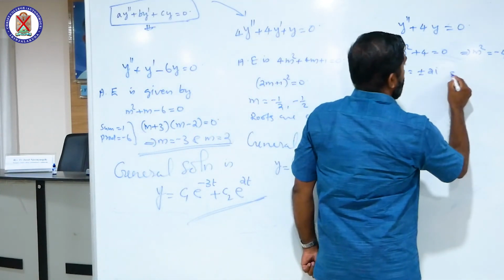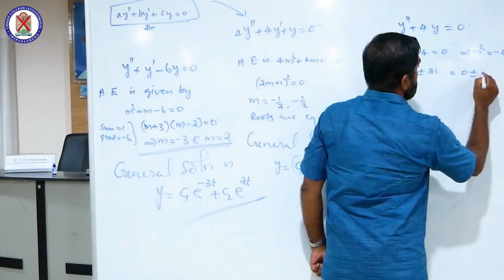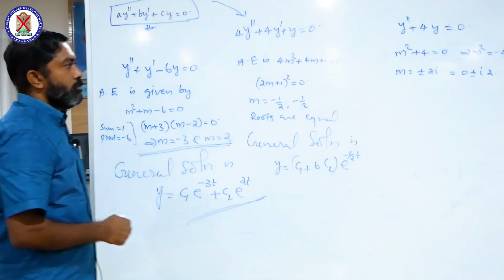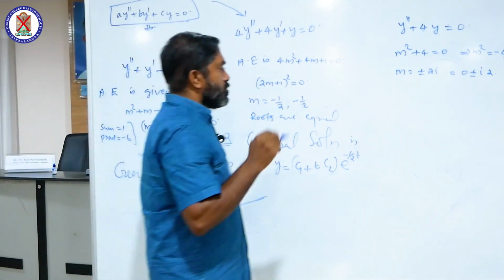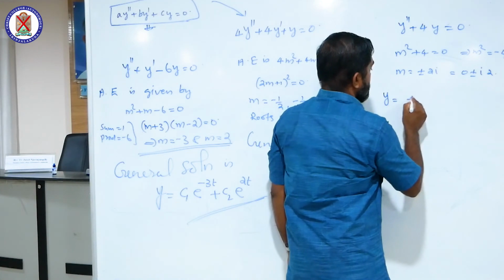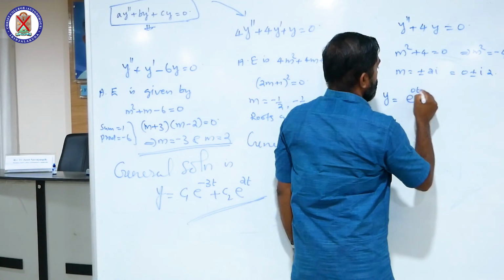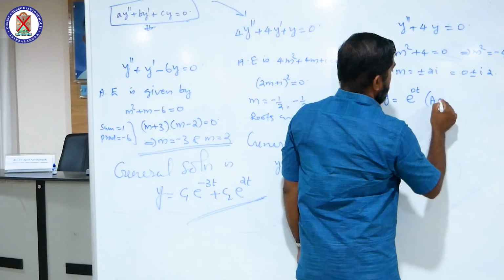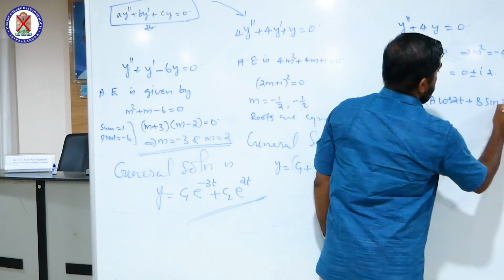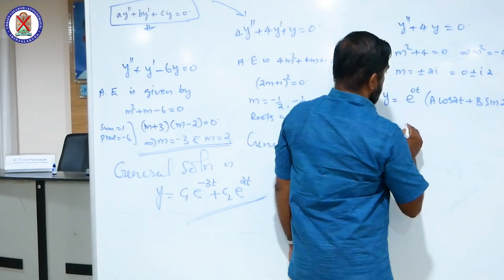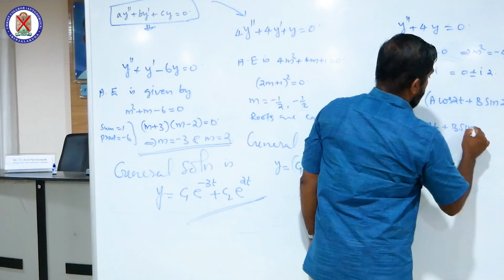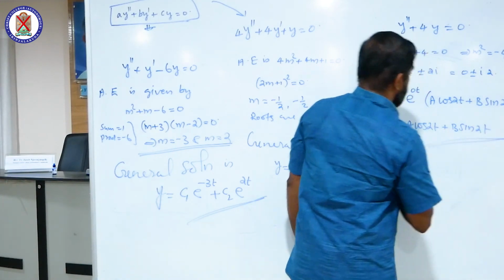So this is of the form 0 plus or minus i into 2. So here the roots are complex numbers. So we can consider its general solution y equals e raised to 0t into a cos 2t plus b sin 2t. That means a cos 2t plus b sin 2t is the general solution.